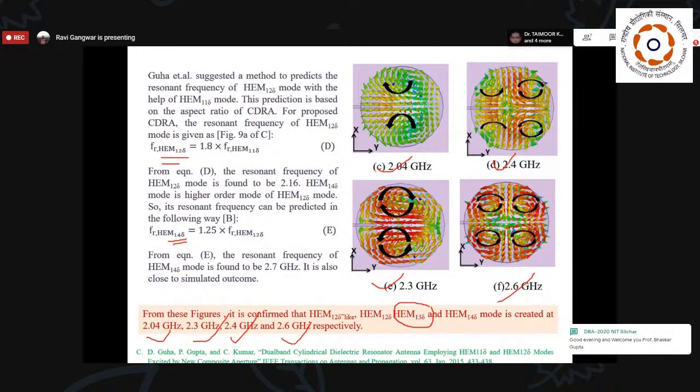So here we are confirmed that all the 6 peaks which are generated in the S11 response of your proposed antenna are due to the generation of 6 different modes inside your dielectric resonator antenna, and all the modes are hybrid modes.